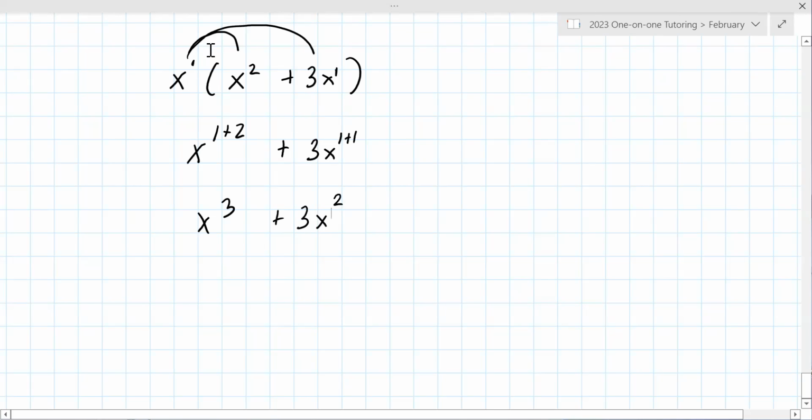Have you seen this before? Mm-hmm. Okay. All right. So now, let's do another example here off to the side. Let's say it's 2x squared times x plus 4x squared. It's not only the x that you multiply, it's also the 2.